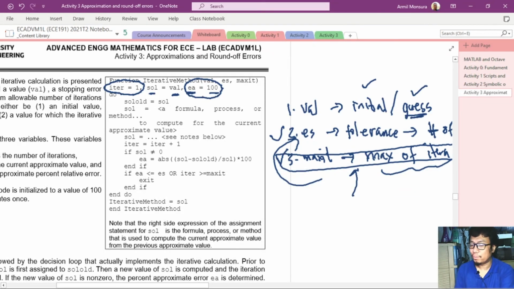Possible naman yun, but in the case of the formula that we will use, it will not be able to reach more than 100. So 100 is the maximum that it can reach, so we set it at 100. And the aim is that EA approaches 0. Again, for your iterative algorithm to work, it should converge by having your EA decrease down to 0. So we start with 100.